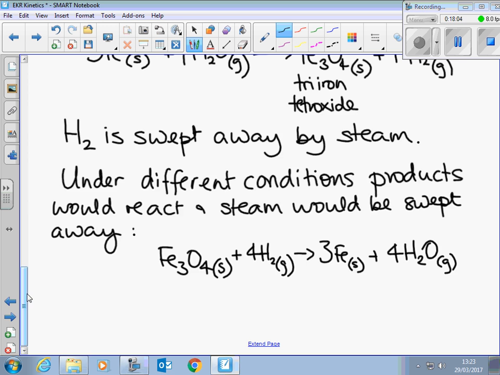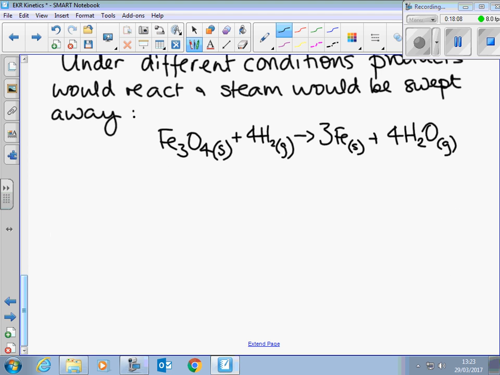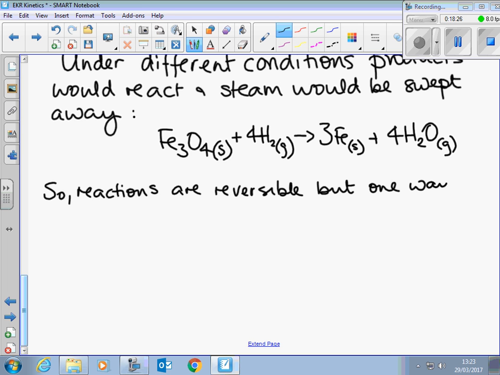So these particular reactions are reversible, but one way under normal conditions. Normal is a tricky word to use in chemistry, I suppose. You'd be saying standard temperatures, pressures, states, and all that sort of thing.